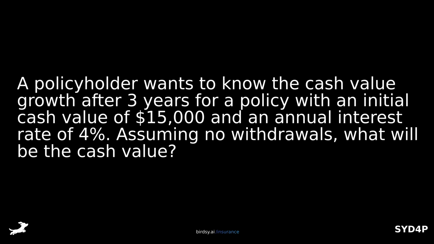A policyholder wants to know the cash value growth after 3 years for a policy with an initial cash value of $15,000 and an annual interest rate of 4%. Assuming no withdrawals, what will be the cash value?